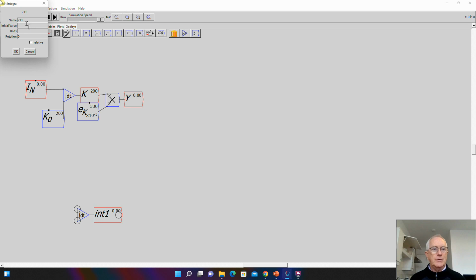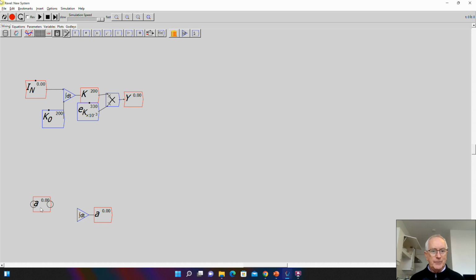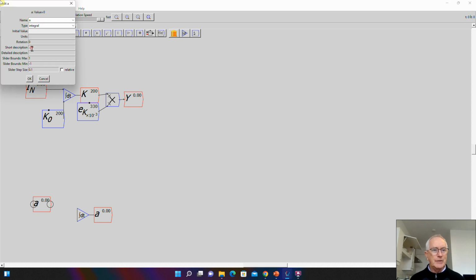Edit this, call this A, and then right click, take a copy of A, multiply that by alpha, which is the rate of growth of the output to labour ratio. I'll just edit this now that I've got a separate instance and call it the output to labour ratio.